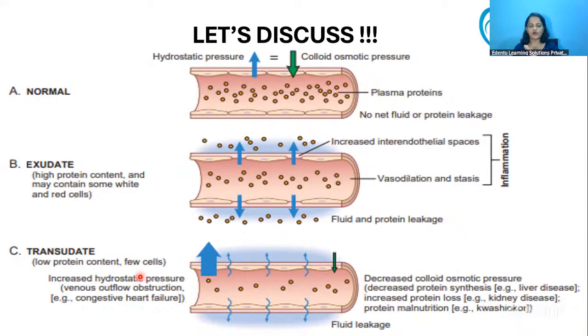I hope you know the difference between the exudate and the transudate. Just remember these diagrams. If the hydrostatic pressure and the colloid osmotic pressure are balanced, then the fluid and all the cells will stay inside the blood vessels. If there is disruption because of inflammation, congestive cardiac failure, or liver or kidney disease, then only exudate and transudate happen.